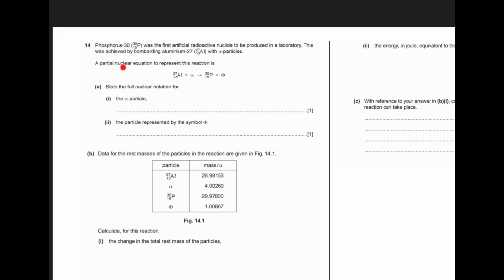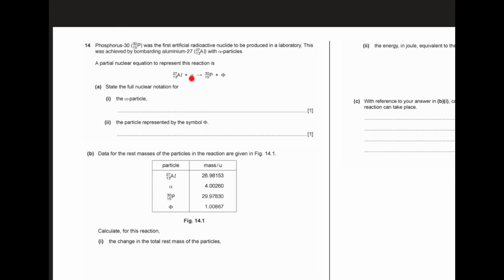A partial nuclear equation to represent this reaction is, so you can see the equation, aluminium plus alpha, then you get phosphorus and phi.